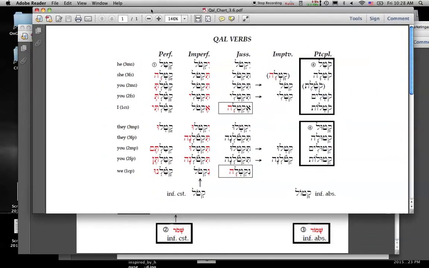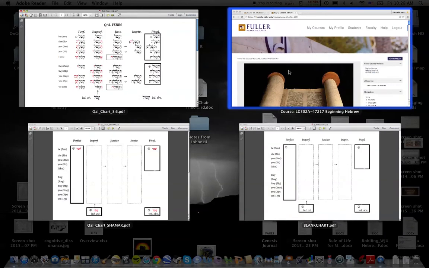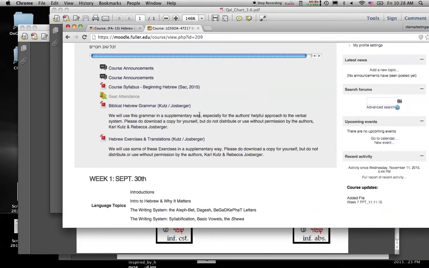But for now, I would encourage you to go back on our Moodle site, open up Biblical Hebrew Grammar, and read chapter 11 again.